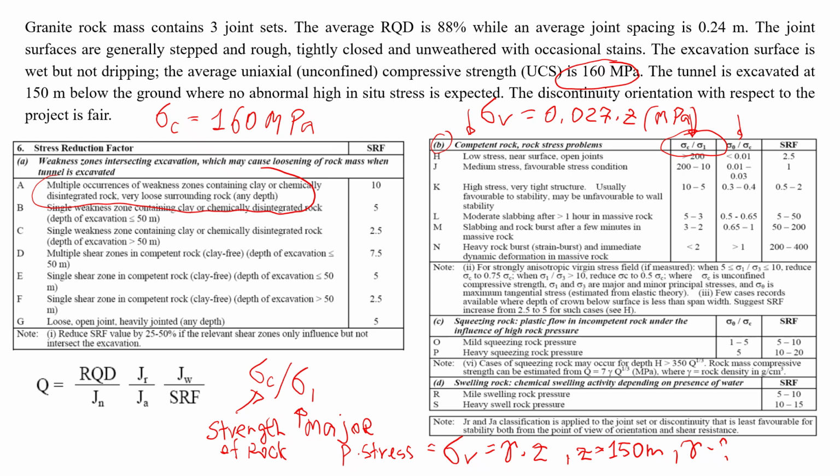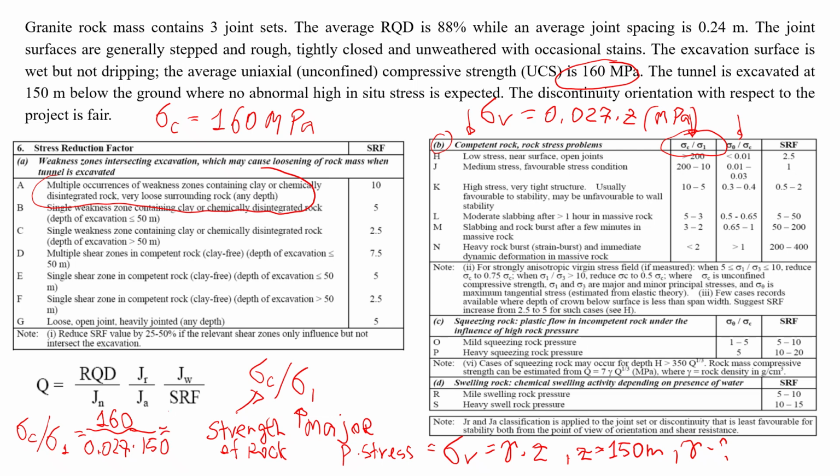So what I'm going to write here in this corner is sigma c divided by sigma 1. It's 160 MPa, which is the strength, divided by 0.027 times 150 meters.